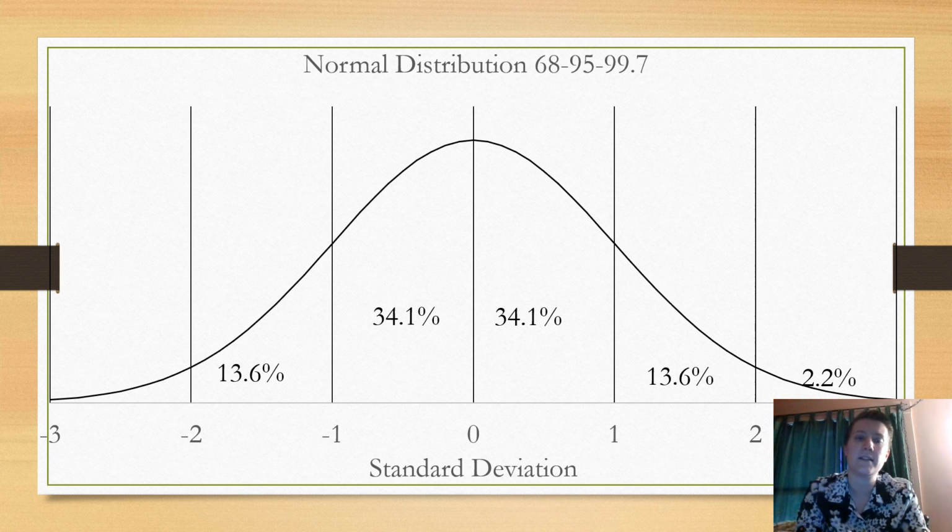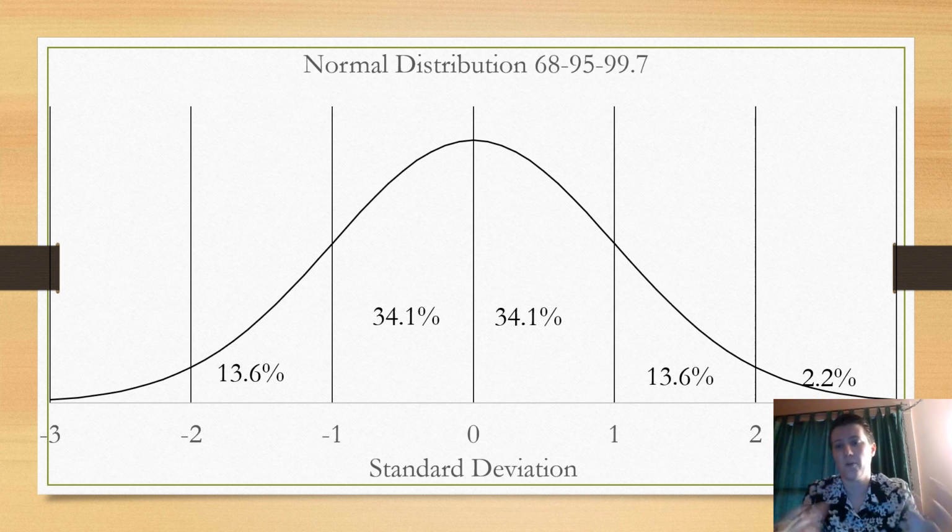So when we go 1 standard deviation below the mean, at that -1, that's just a standard deviation below the mean. That's not saying that our standard deviation is equal to -1, because we can't have a negative measure of variability. But if we go 1 standard deviation below the mean, from that -1 to 0 area, you see that 34.1%.